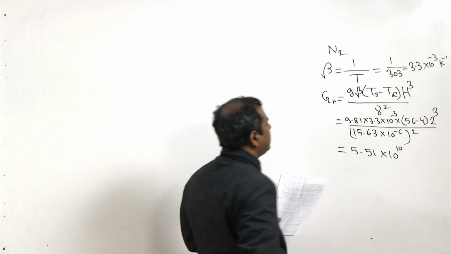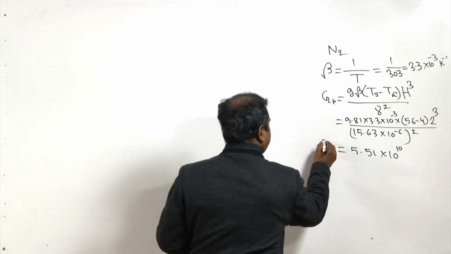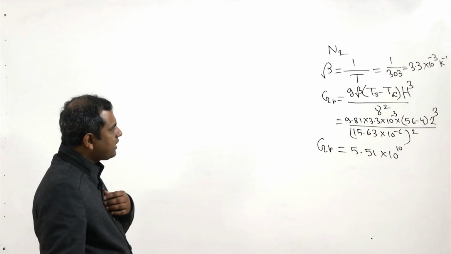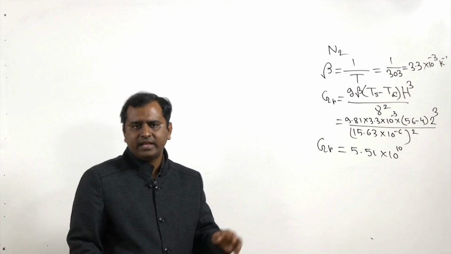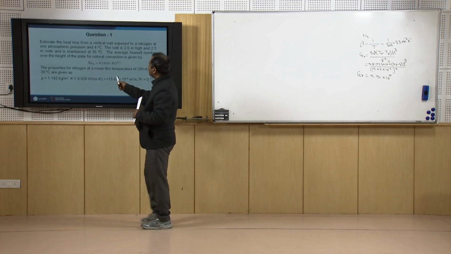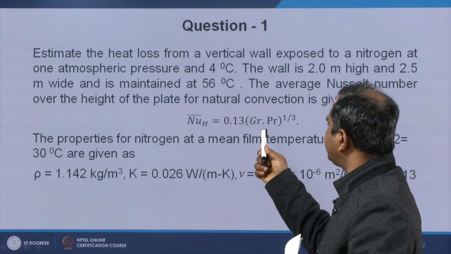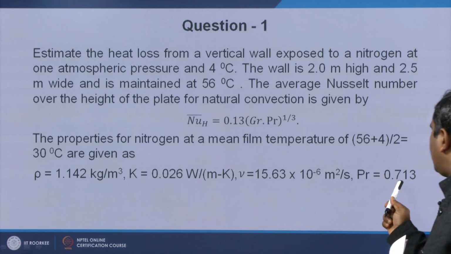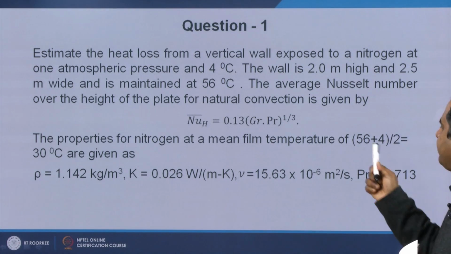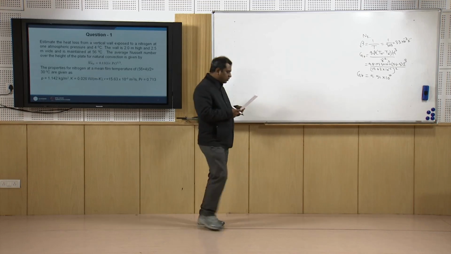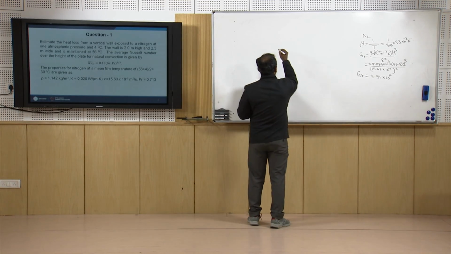So, this is the value of my Grashof number. Now, for this type of case, the Nusselt number correlation is given in the problem as Nusselt number equals 0.13 Grashof into Prandtl to the power 1/3, where the Prandtl number is known as 0.713 at mean temperature 30 degree centigrade. So, we can use this and find out the Nusselt number.